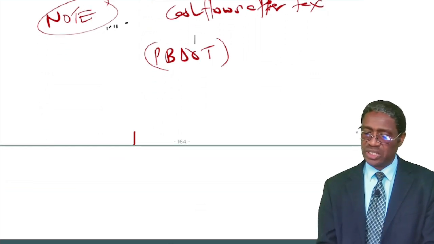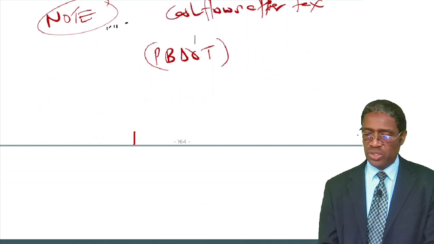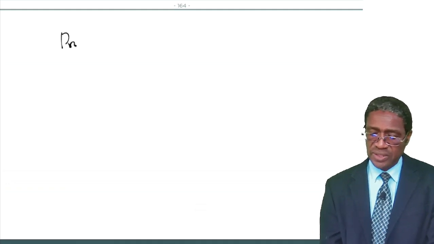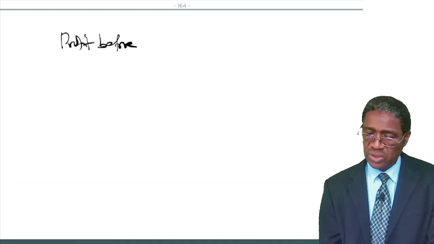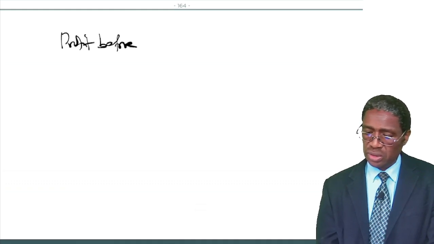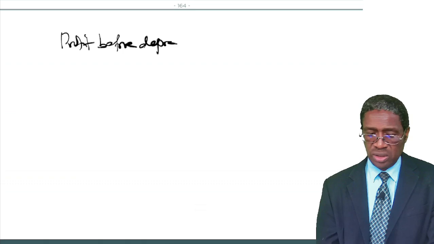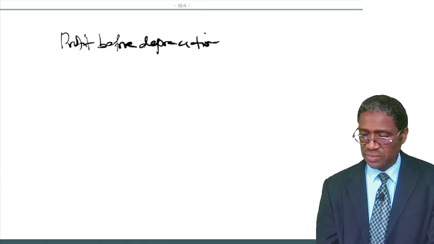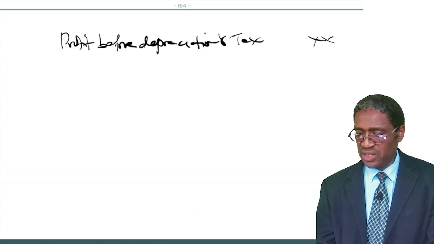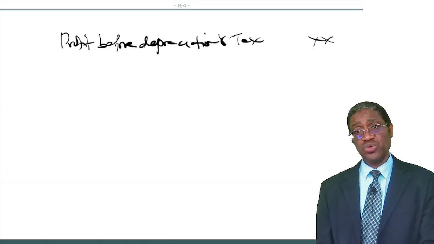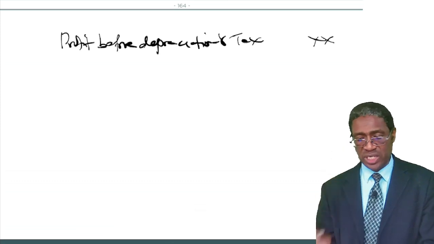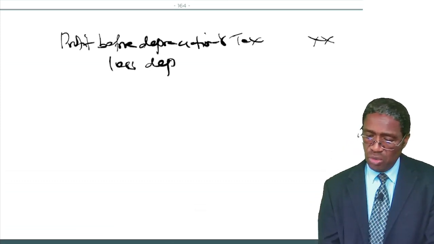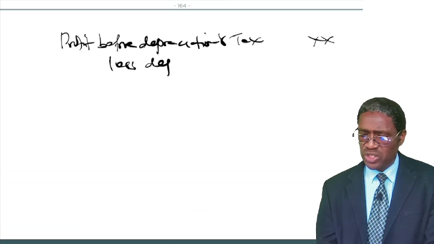So let's put down that logic I was explaining, where to get the cash flows, you take the profit before depreciation and tax, whatever it is that the examiner will give you. Then you less the normal depreciation.